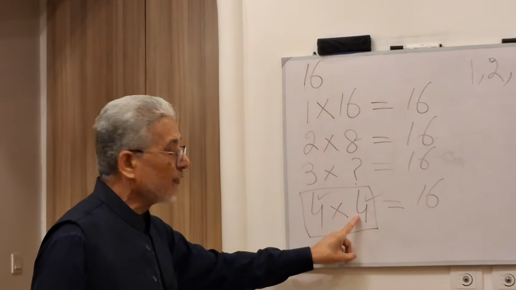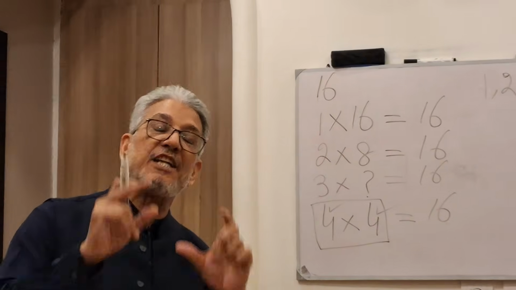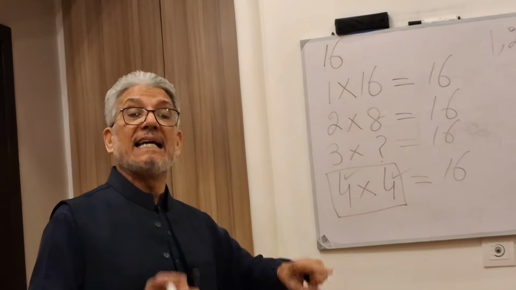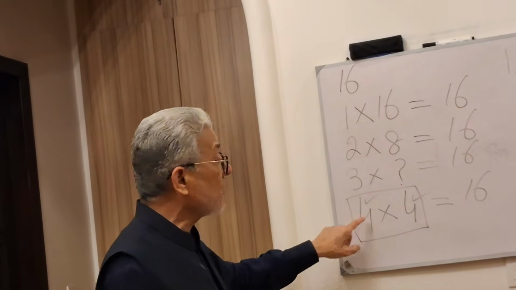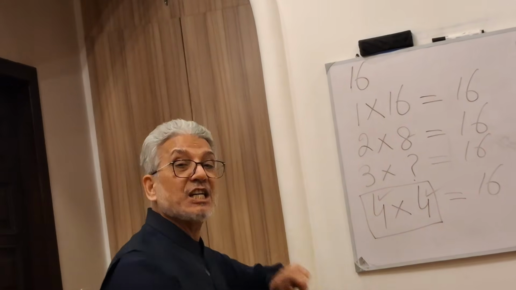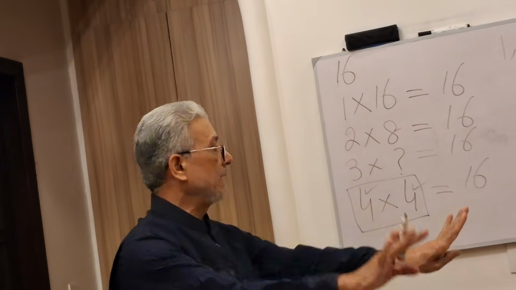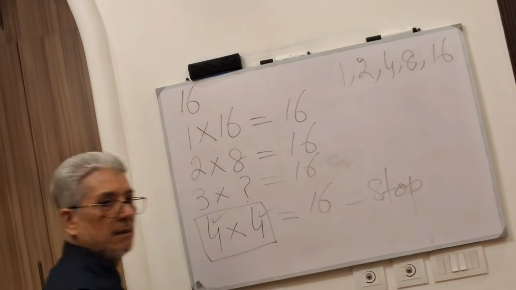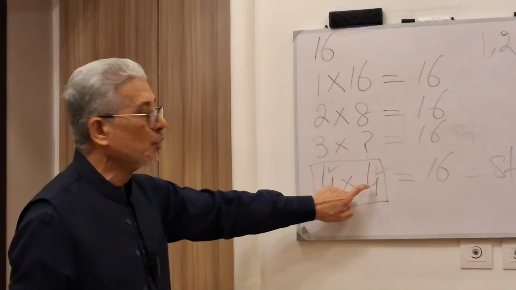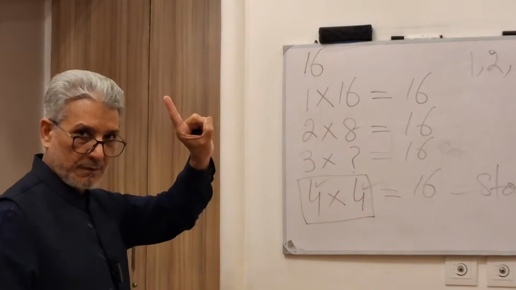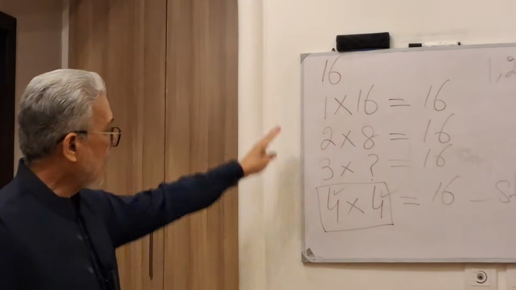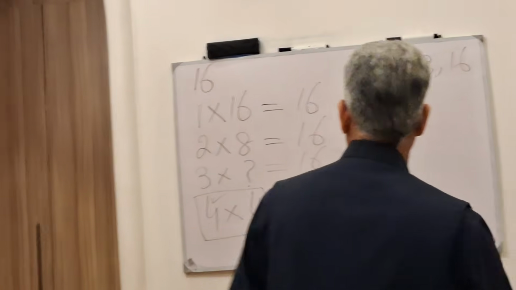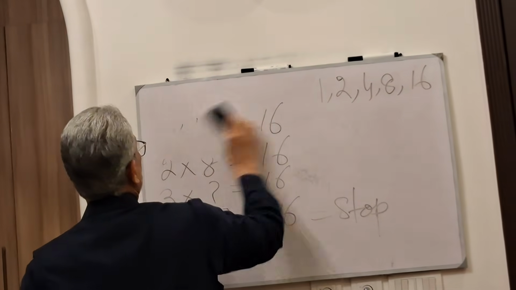When you reach a factor pair, when the second number is either smaller than the first number or equal to the first number, stop there. But in this case, you will include 4: 1, 4, and of course, the rest. Okay? So I think you must have understood this concept also.